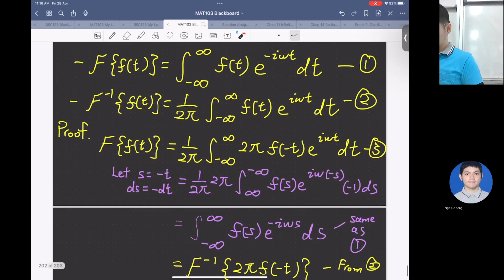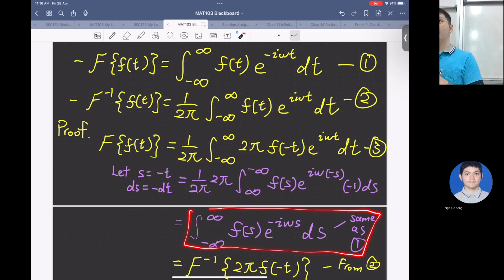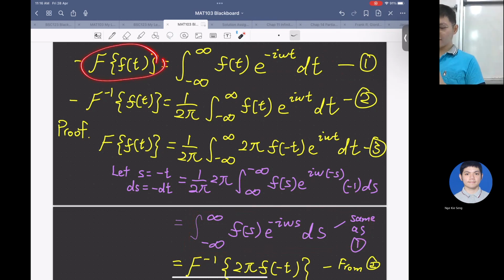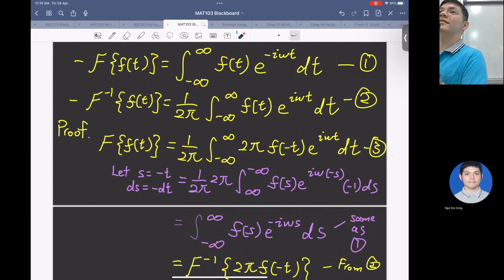This is exactly the same as 1. Are you convinced that this is 1? If this is 1, then the left hand side should be equal. If you're convinced this is 1, then this is the left hand side you get. Fs or Ft, so this is just a dummy variable problem.